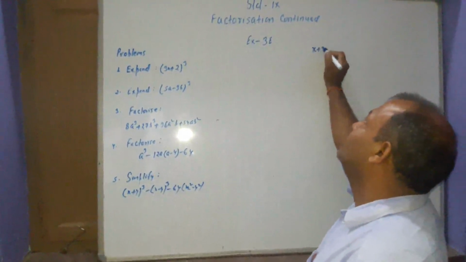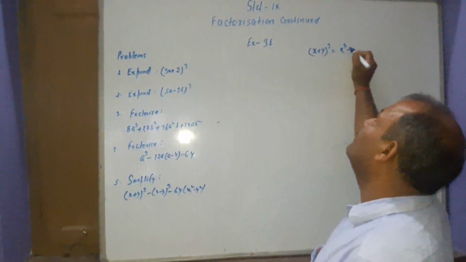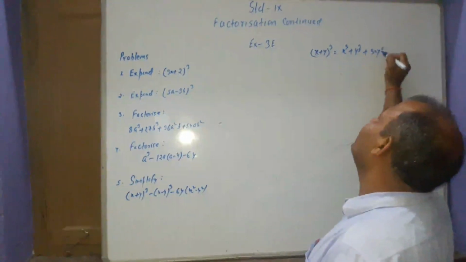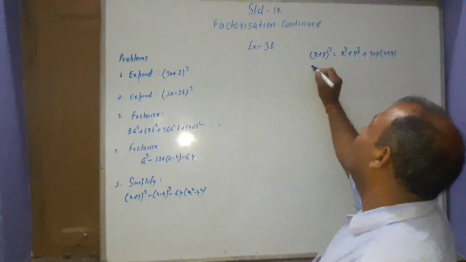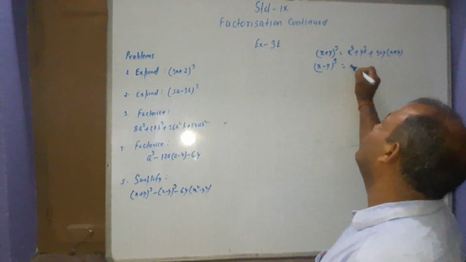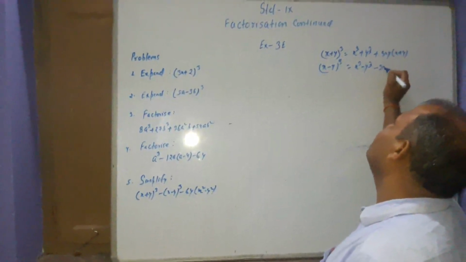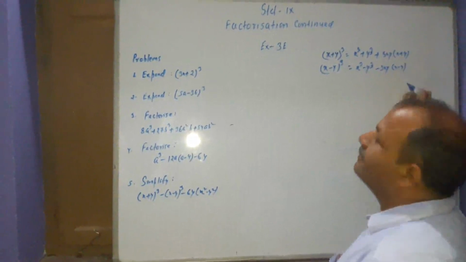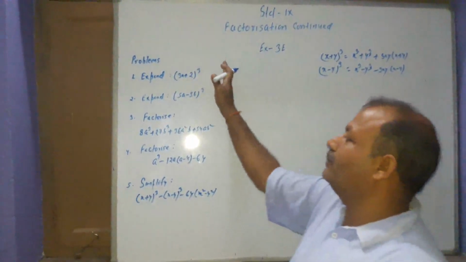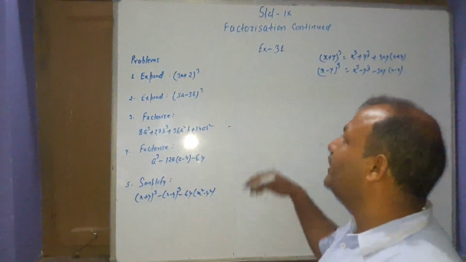That is cube of x plus y, x cube plus y cube plus 3xy into x plus y, and cube of x minus y is equal to x cube minus y cube minus 3xy into x minus y. These two identities will be used to solve these problems. See how I am going to solve them.